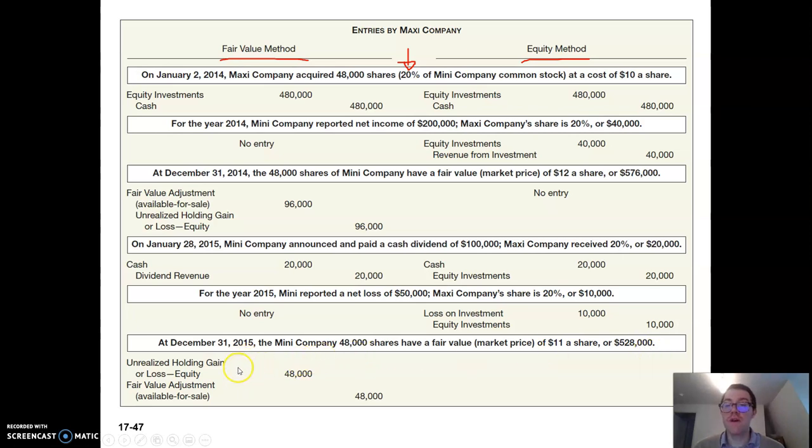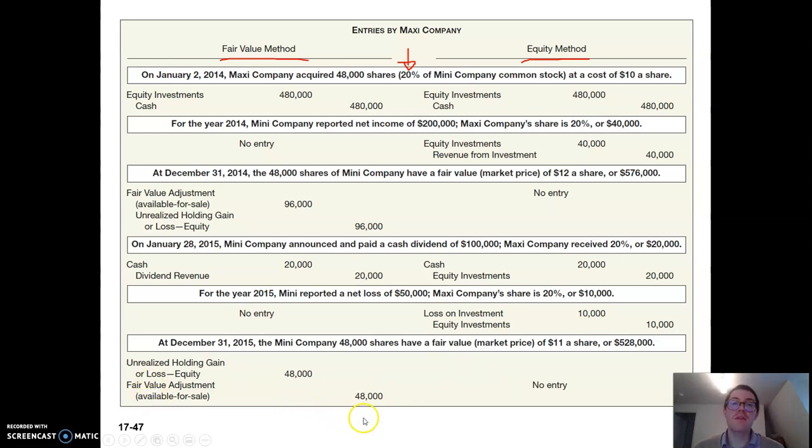So if you're using the fair value method, you need to recognize an unrealized holding gain or loss. It's a loss, actually, in this case, hyphen equity of $48,000, and credit the FVA account of $48,000. Under the equity method accounting, however, you don't have any entry necessary.